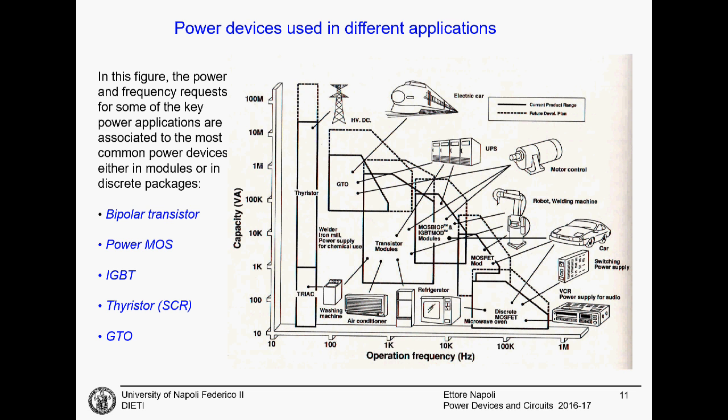In our lectures, we will study the bipolar transistor, the power bipolar transistor, the power MOSFET, the IGBT, that is completely new for all of you, I think, is the insulated gate bipolar transistor. This is a very important device.